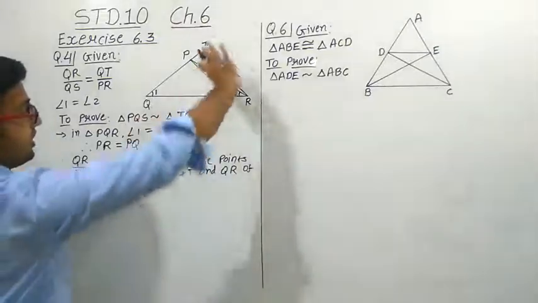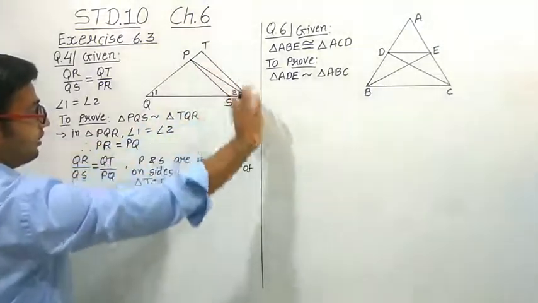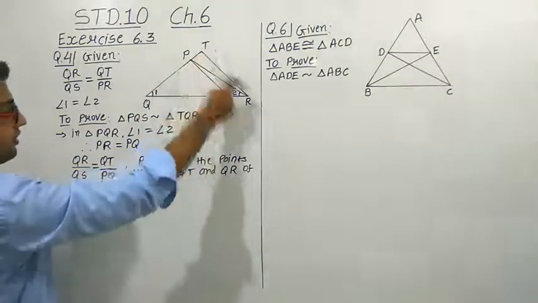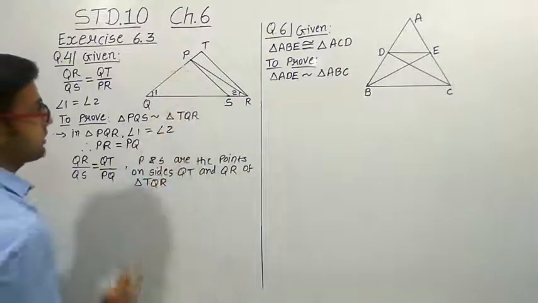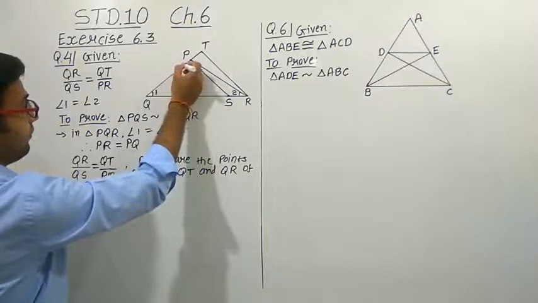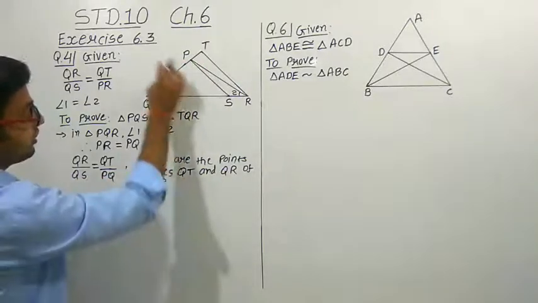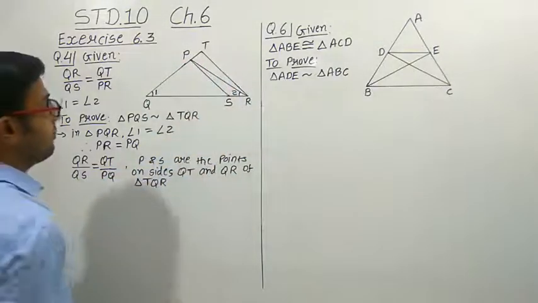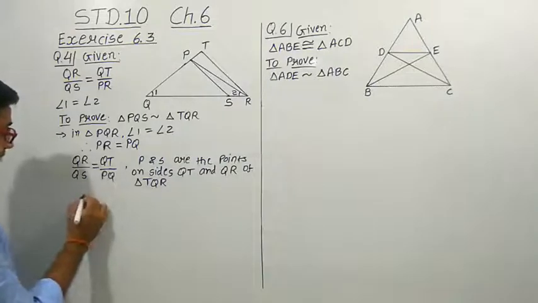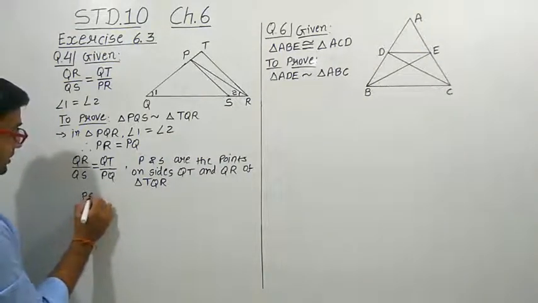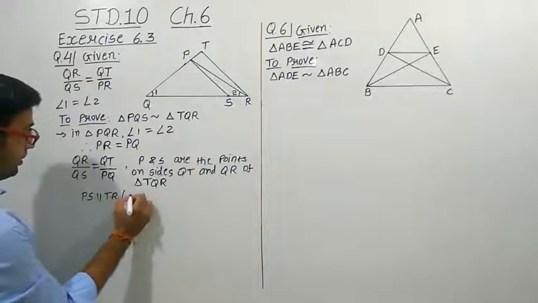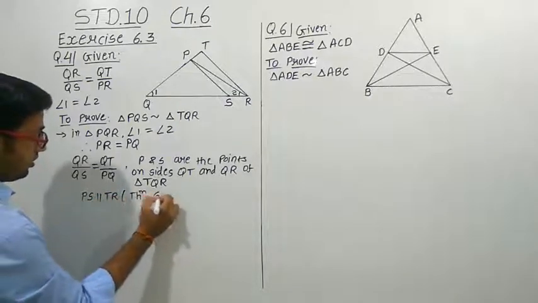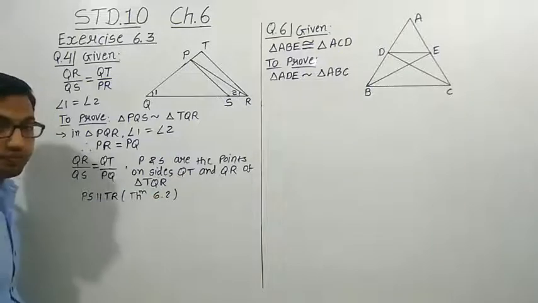So the third side, that is TR, will be parallel to PS, right? If we join these two points, PS is a line and it will be parallel to TR. So here we can write down that PS is parallel to TR, according to theorem number 6.2.